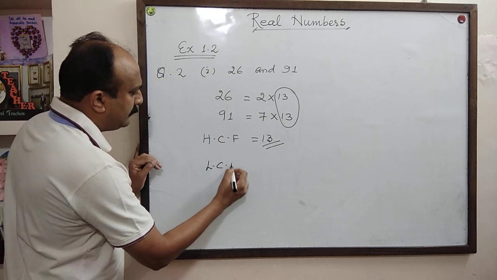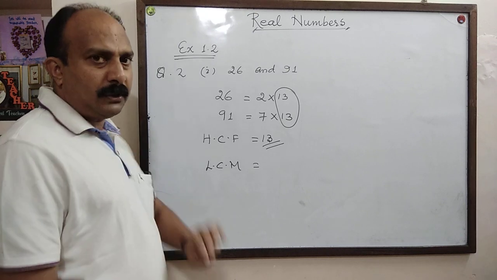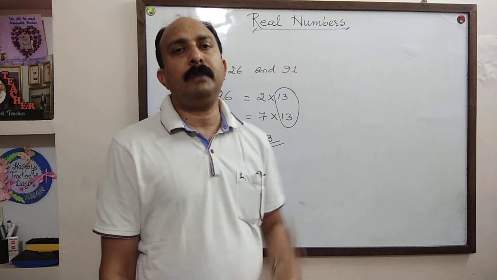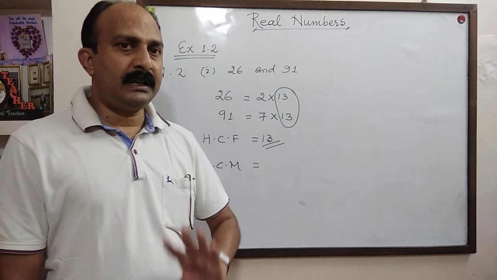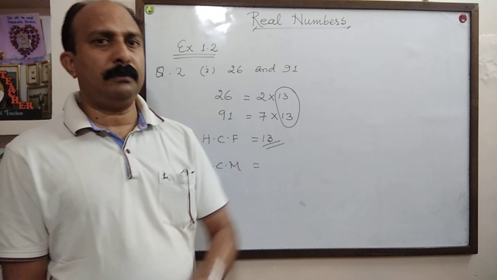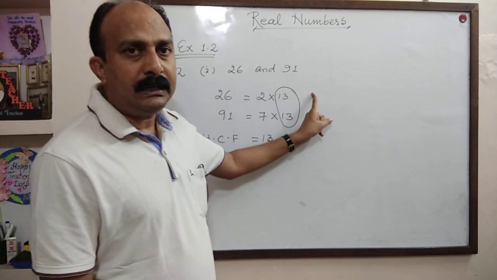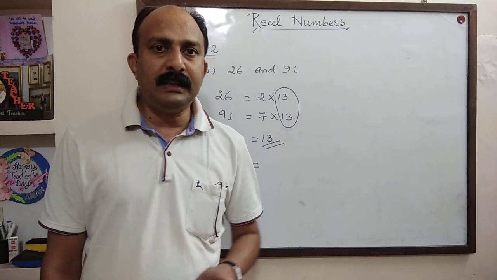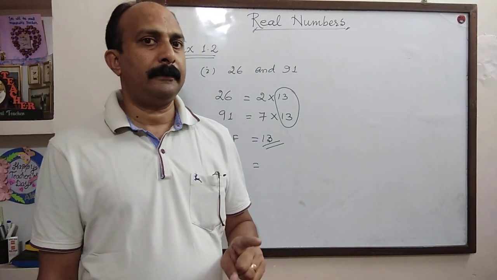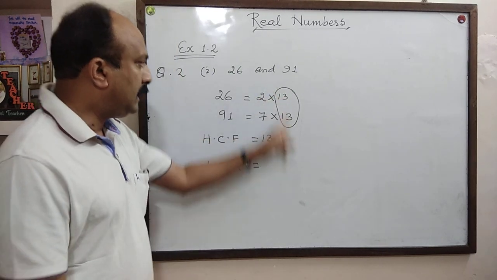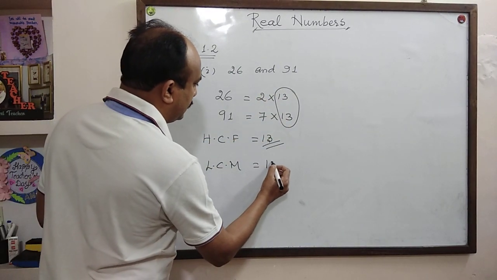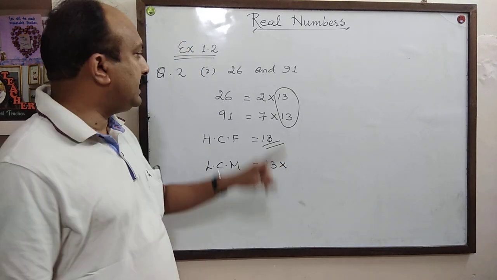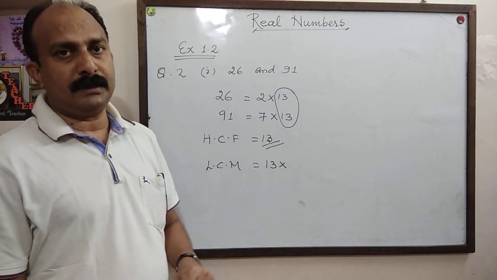Now how to find LCM? For LCM the rule is, first of all, take the highest power of the common factor. Here lowest and highest are same, 13 power 1 in both the places. If there was 13 three times and 13 two times here, then for LCM we would have taken 13 power 3. Got it? Here there is only one time, so LCM is 13 along with all the remaining factors of the first number and the second number.